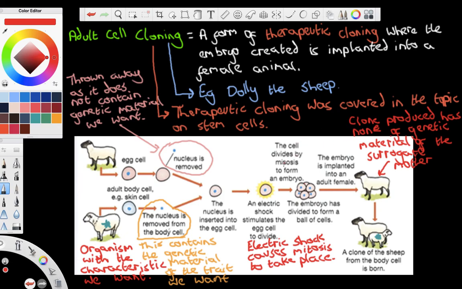That should say mitosis, not meiosis. Okay? They divide by mitosis to form an embryo. We then take the embryo and implant it into a surrogate mother who will carry the embryo until it develops into a baby. Then when the surrogate mother gives birth to the baby, it will be identical to the organism from which we use the nucleus. The offspring has absolutely no genetic relation to the surrogate mother. It will only be genetically identical to whichever nucleus we used.